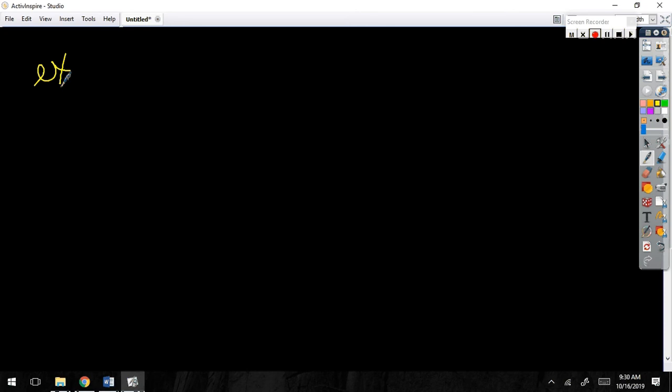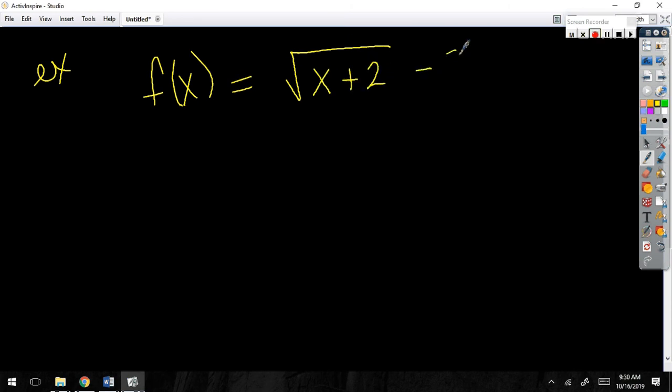I think this will make more sense when we bring it all together. Look at this. If you just saw that equation, tell me what's the parent graph here? The square root of x, right? That's my parent.